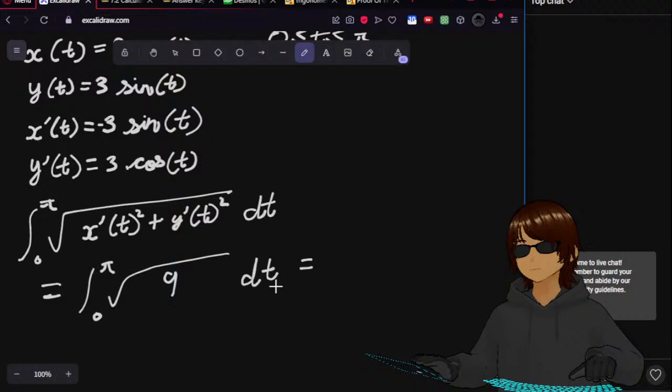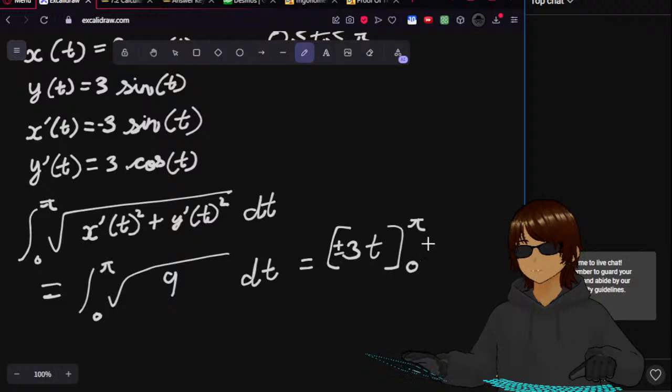So 3 d by 0, which is, well, it's arc length, right?